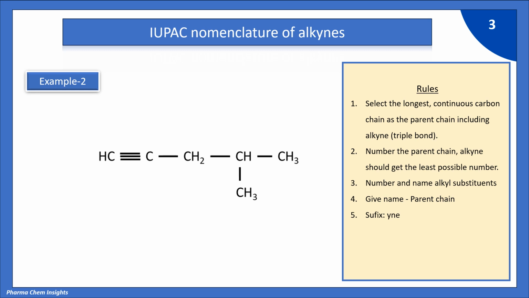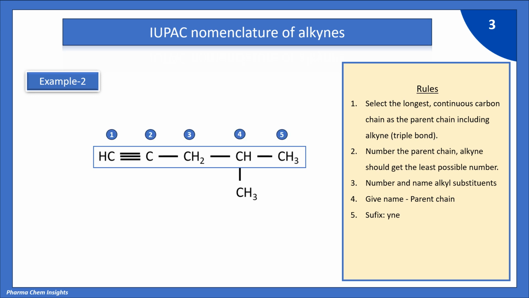Example 2, let us select the longest continuous carbon chain, which is this. The longest continuous carbon chain has 5 carbons and hence the parent name is pentyne. Yne is the suffix for alkyne compounds as we have seen earlier. So numbering could be from both the ends, first written in blue, or from the opposite end, which is written in red.